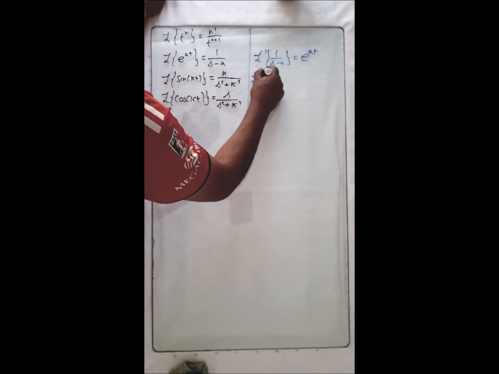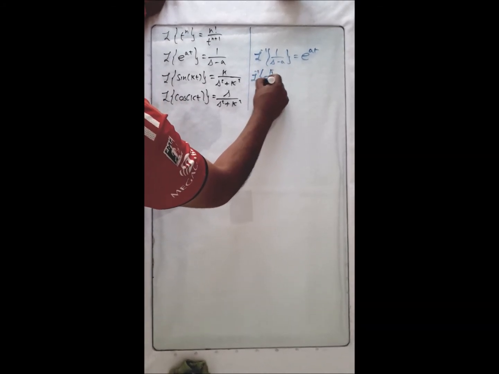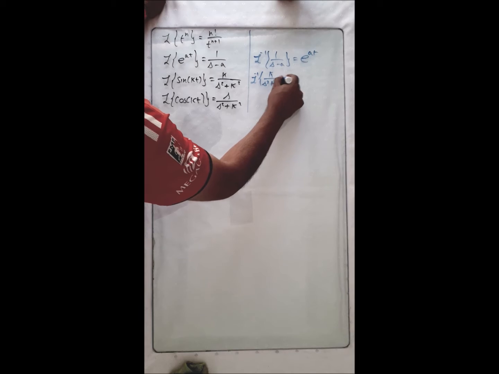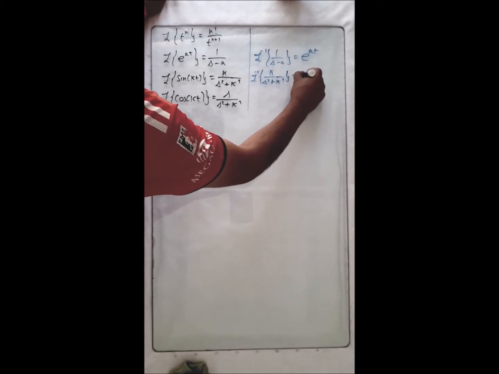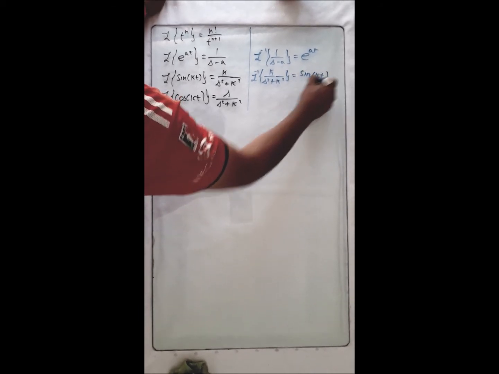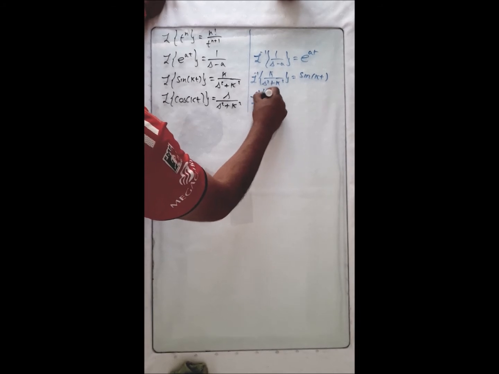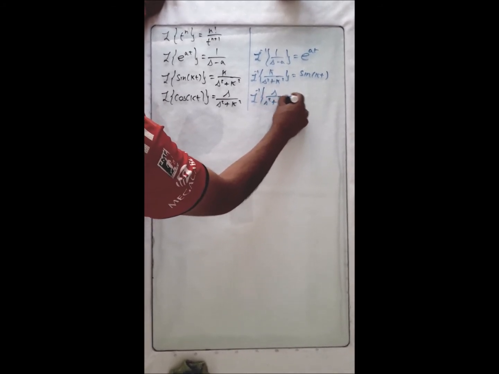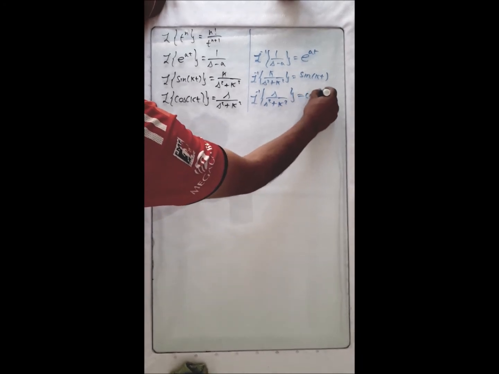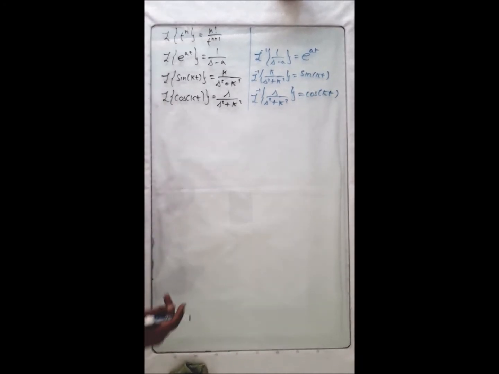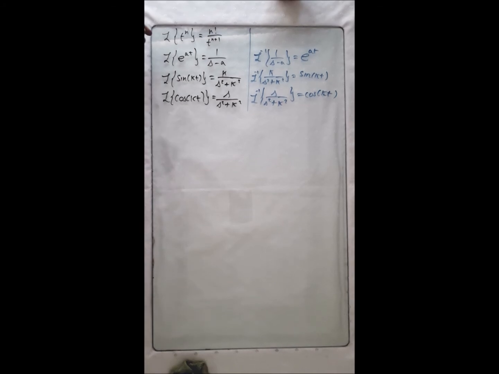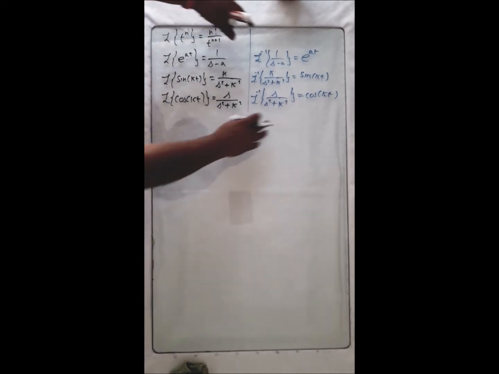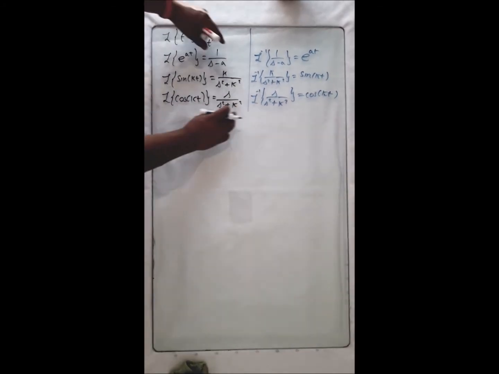The Laplace inverse of k over s squared plus k squared is equal to the sine of kt, and the Laplace transform inverse of s over s squared plus k squared is just the cosine of kt. Okay, so in the end, engineers, looking at the inverse is just doing the opposite operation.